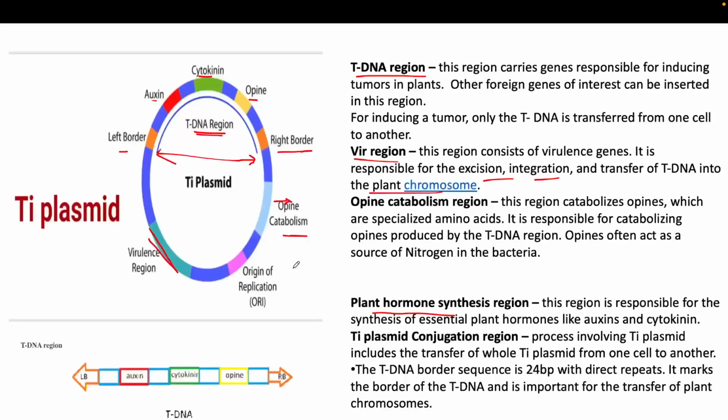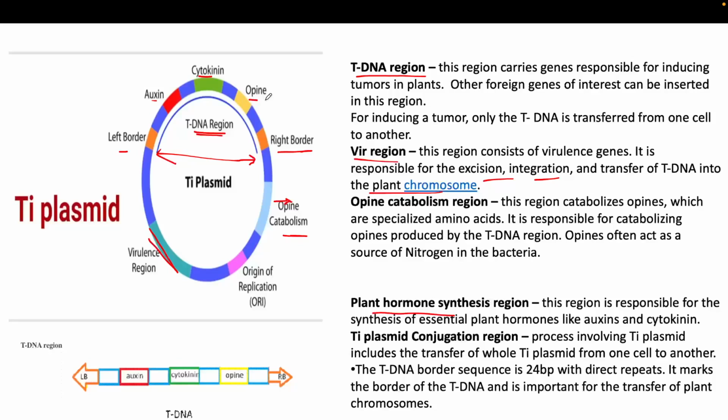So when you transfer your target gene along with this opine gene, then what will happen? The plant cell will also spend some energy to produce opine, which is not useful for the plant cell.